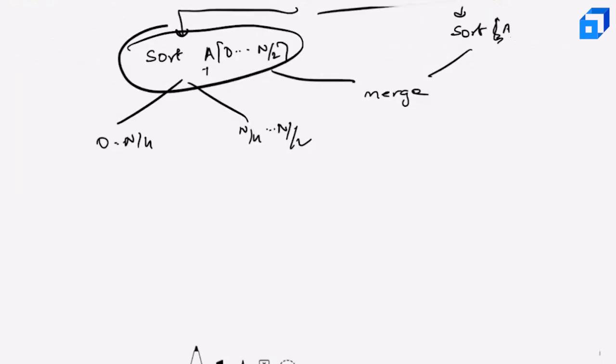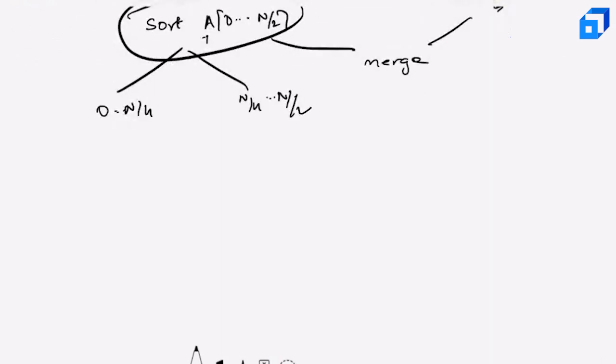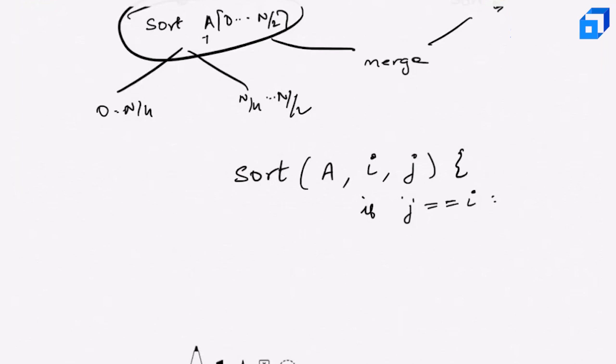And if I have to write code for this, it becomes fairly simple. Let's say the question was, how do you sort array A from index i to index j? If the size of the array is already 1, which means if j is equal to i, then your array is already sorted, so you can just directly return. If not, then you basically sort the first half, which is A from i to mid, where mid is (i plus j) by 2.